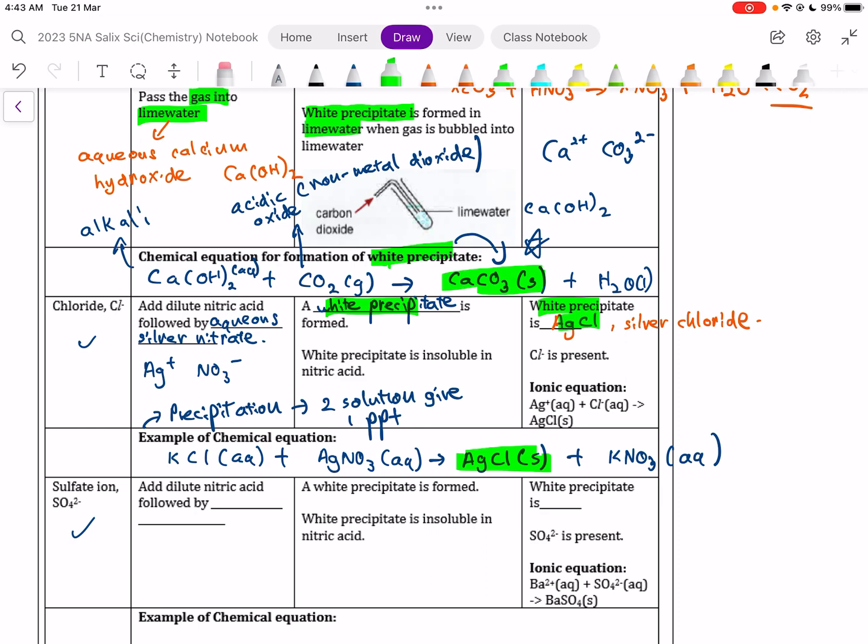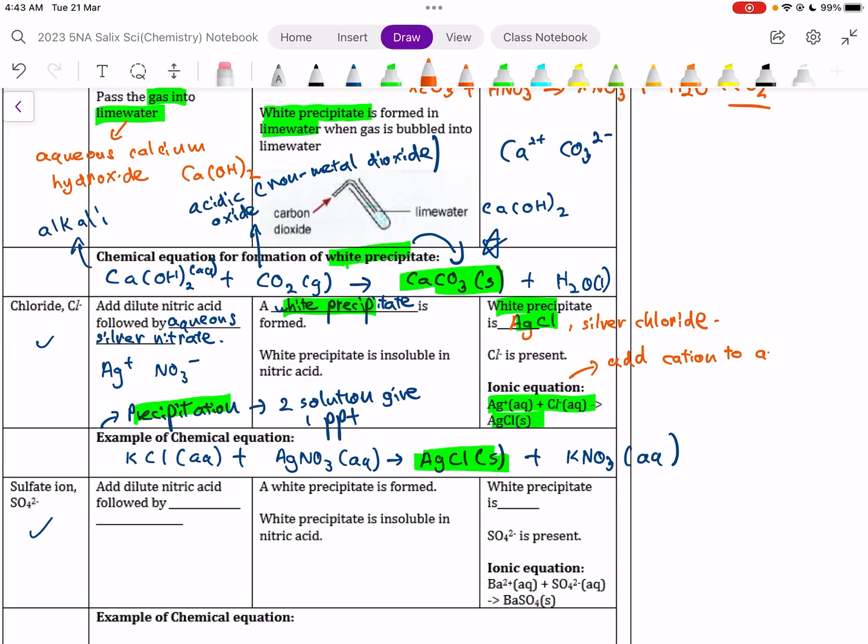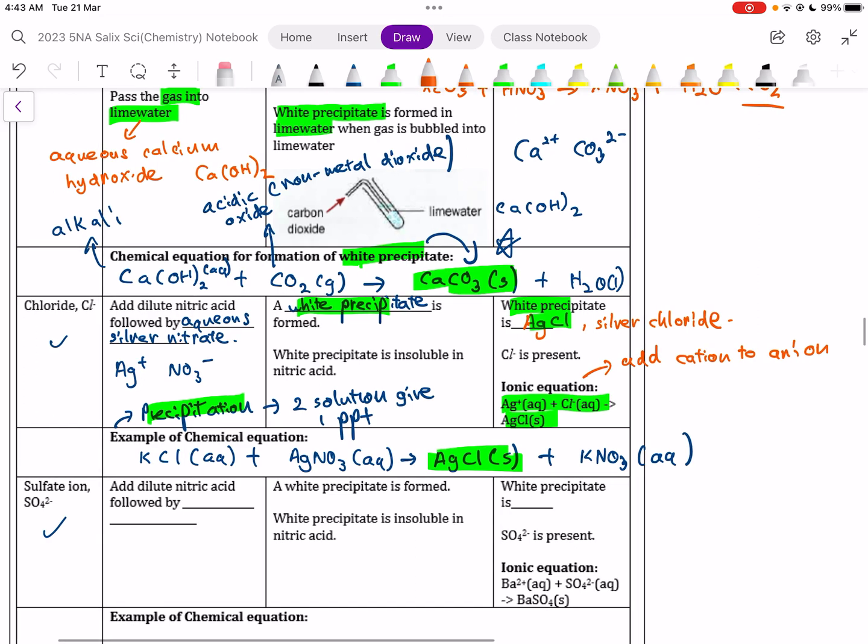Then this one you've got to know: the ionic equation for the formation of silver chloride. There's a shortcut. Once you know it's a precipitation reaction, you just add the cation to the anion, and then you have your silver chloride.